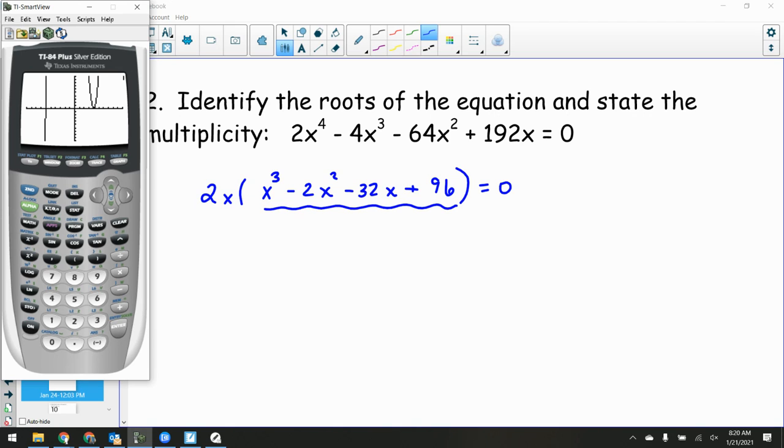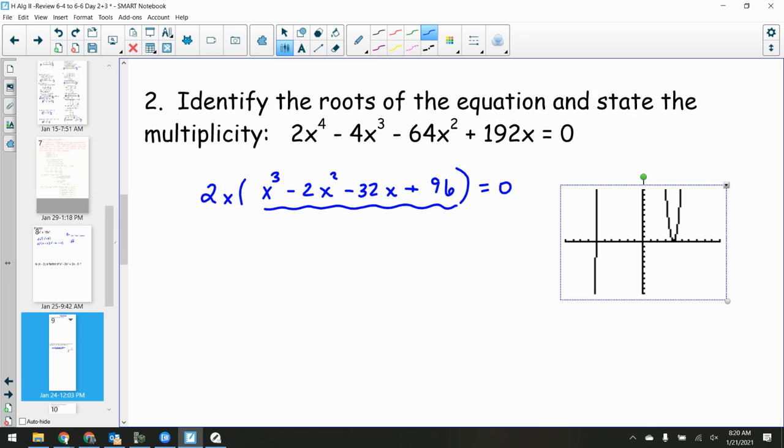Straight through. Ooh, and a bounce. What does that tell me? That tells me that this one is a multiplicity of 1, and whatever this one is, it's an even multiplicity. I don't know what it is just quite yet, but it's at least 2, right?